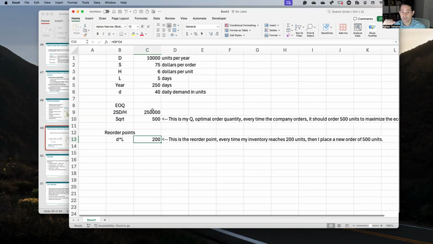When it reaches 200 units, that's my reorder point. I call again and ask my supplier for another 500 units. I keep using the units until the shipment comes. The policy is telling us to purchase 500 units every time we place an order, and to place an order when our inventory level reaches 200 units, okay?